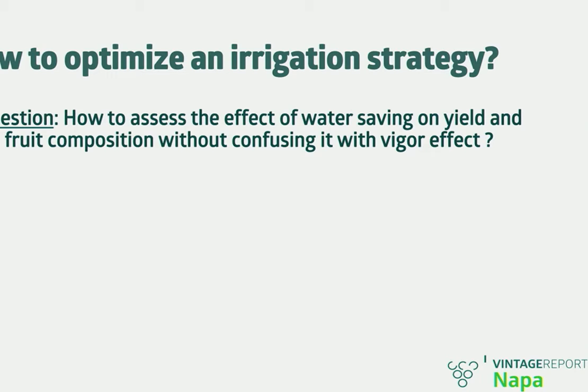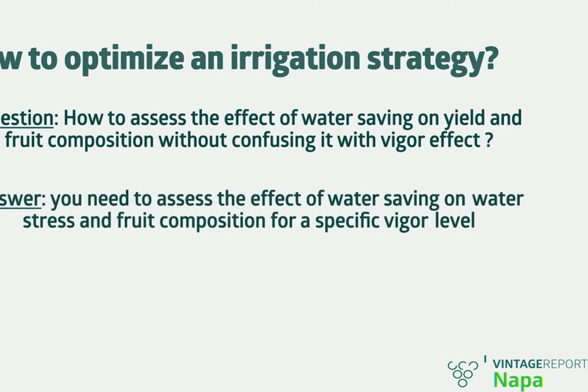And she came up with the question, how can we assess the effect of water saving on yield and fruit composition while not confusing them with the effect of vigor variations? And it's a difficult question because if you try to monitor the vineyard from an atmospheric perspective, you are encompassing high and low vigor zones into your assessment of your irrigation trial.